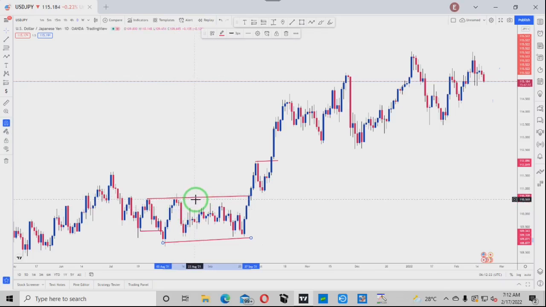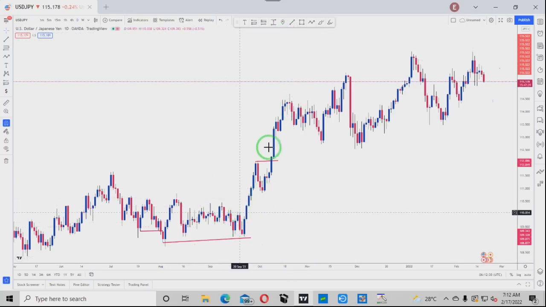Where is your new low? I'm coming. Let me remove that. All right? So where is your new low? This is your new high. This is your new higher high now, because it has broken this previous high to form a new high. So where is your low?